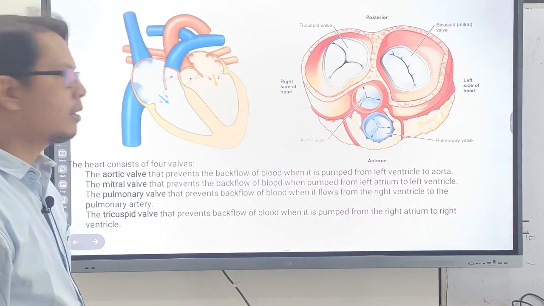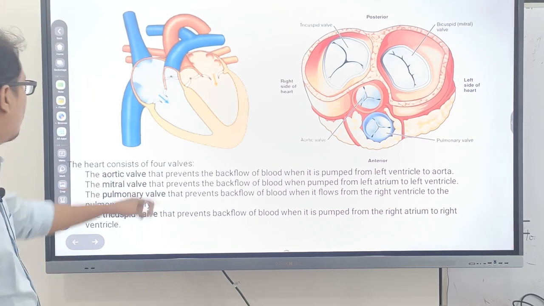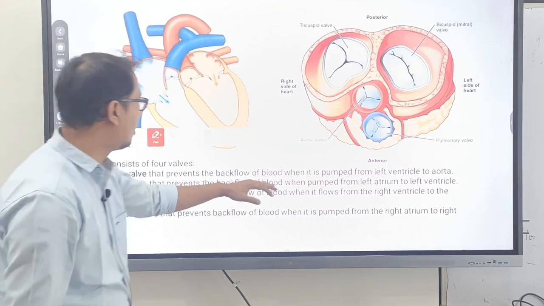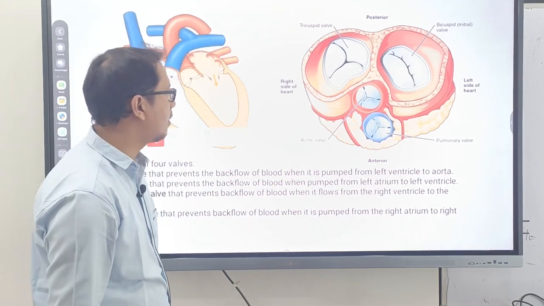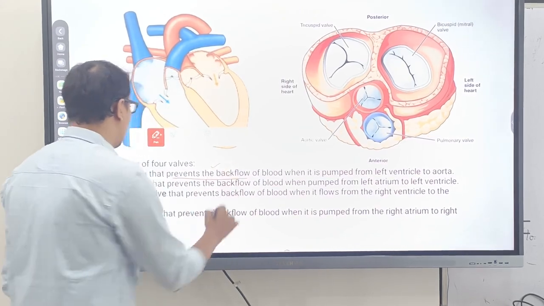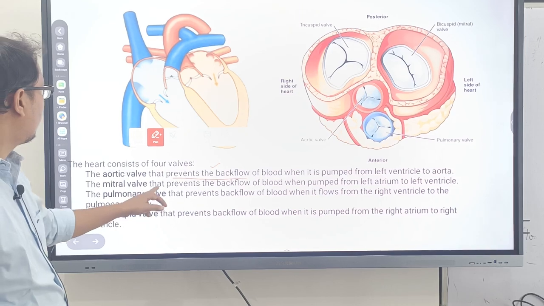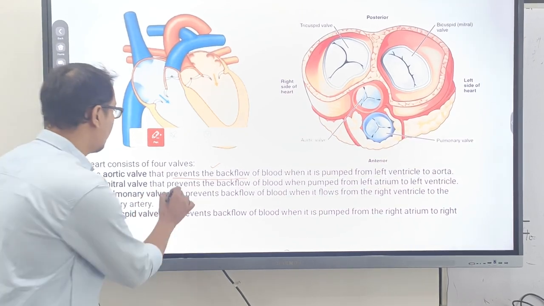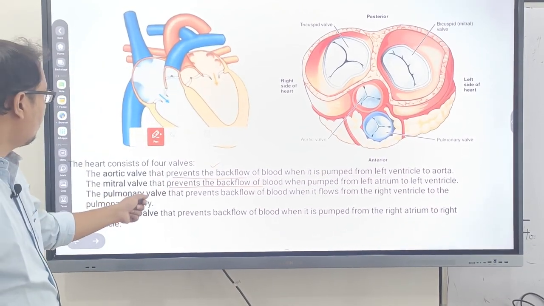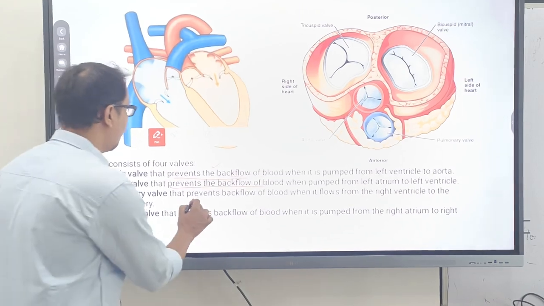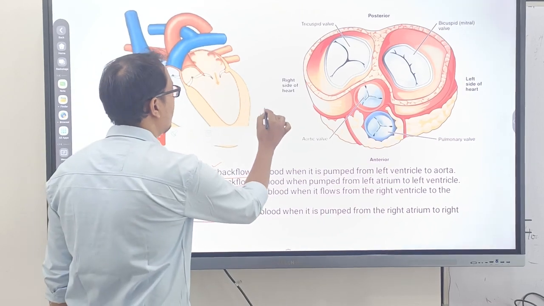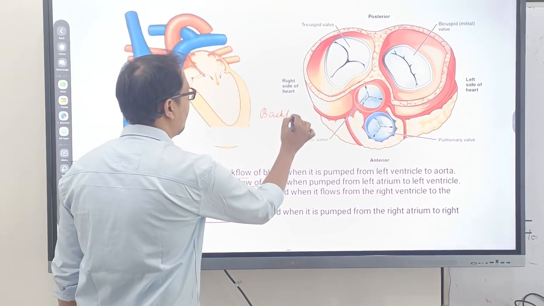Here one thing to note: the aortic valve prevents the backflow of blood when it is pumped from the left ventricle to the aorta. Second, the mitral valve prevents the backflow of blood. Similarly, the pulmonary valve's function is to prevent the backflow of blood. So one thing is common: it prevents the backflow of blood.